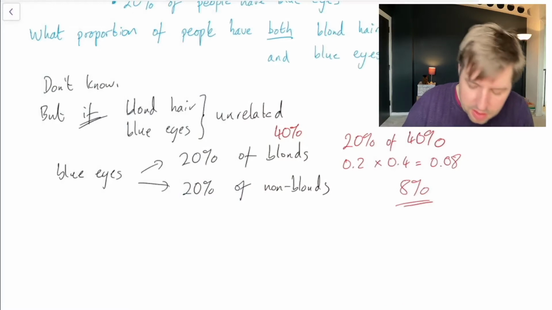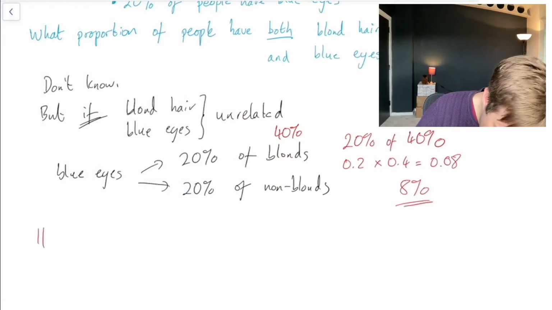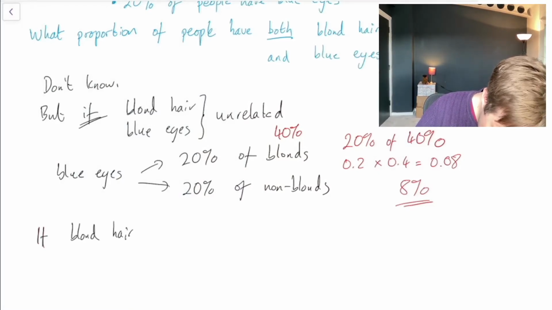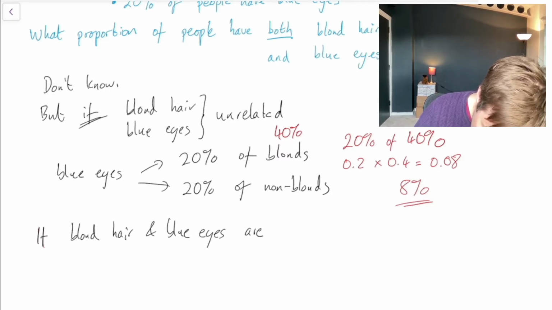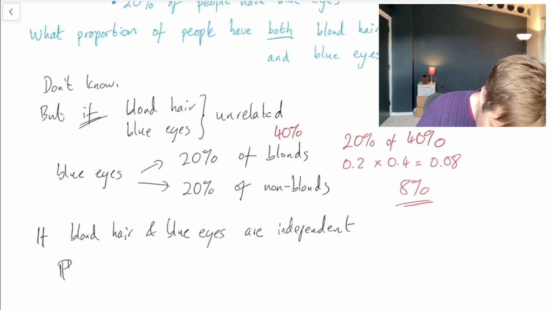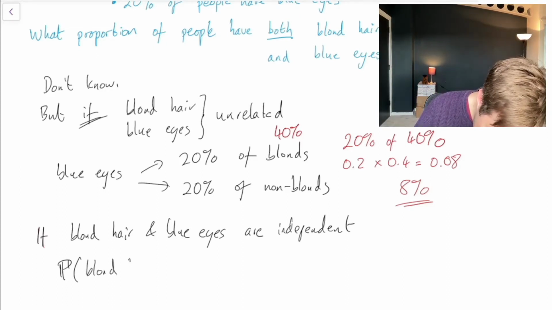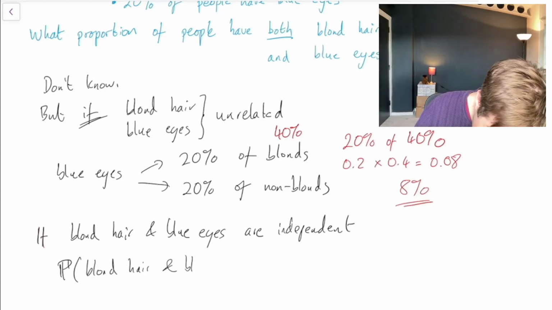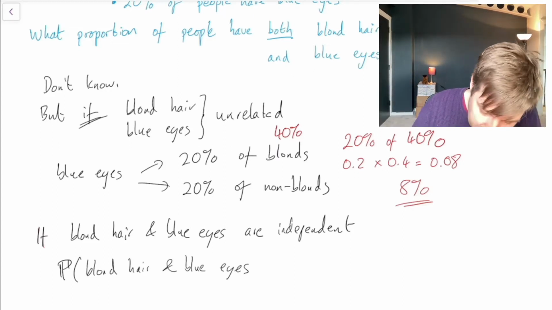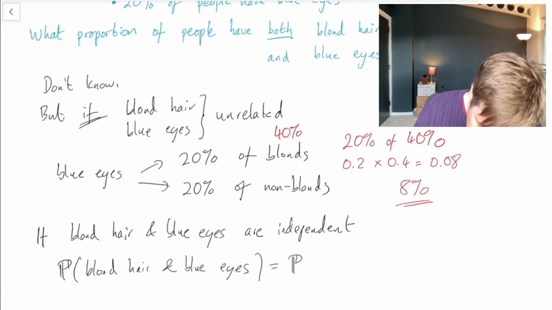And what we've just said there is we're saying that if blonde hair and blue eyes are independent, that is, we don't think they're related, then the proportion of people, or if you like, the probability of a random person having blonde hair and blue eyes would be equal to this 20% of 40%, which is multiplying the proportions or the probabilities.